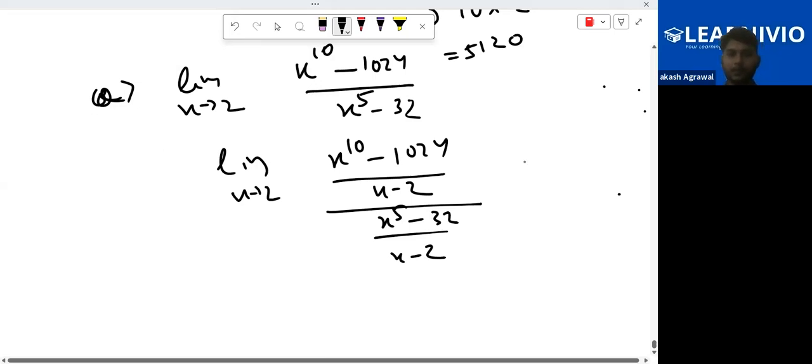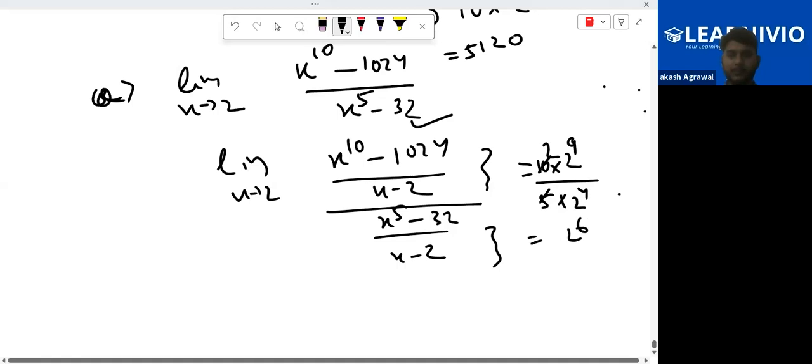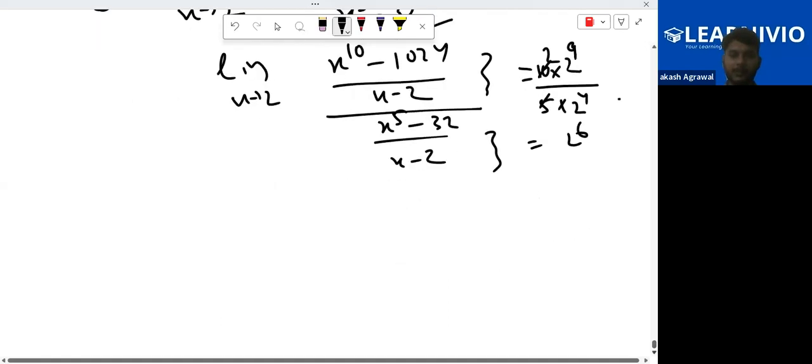But now we can use the formula individually on numerator and denominator. So this becomes, again, 2 to the power 9 times 10 divided by 5 times 2 to the power 4. So 2 to the power 6 is the answer. Got it, everyone?